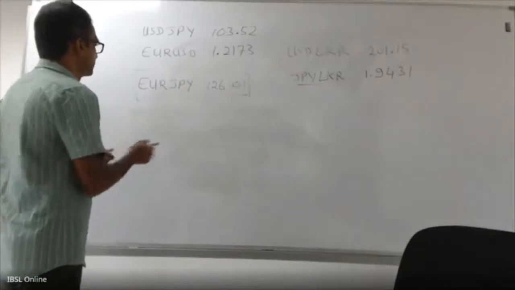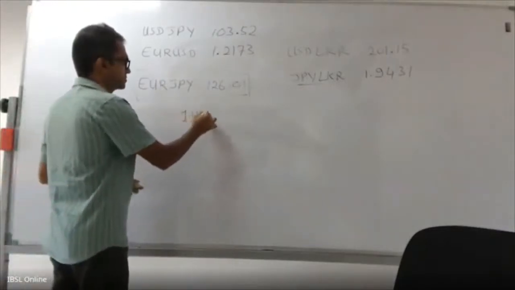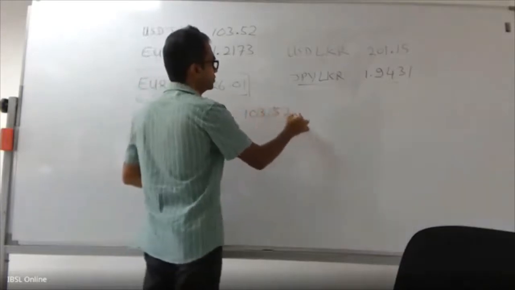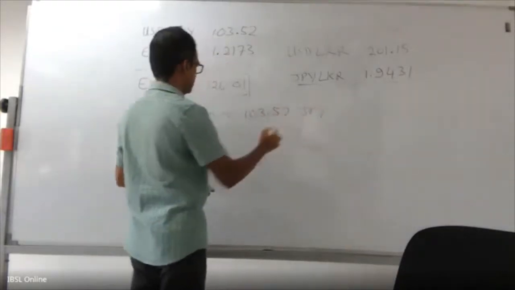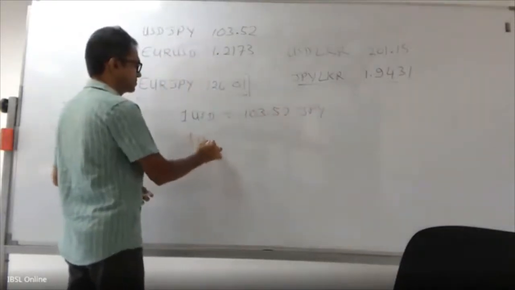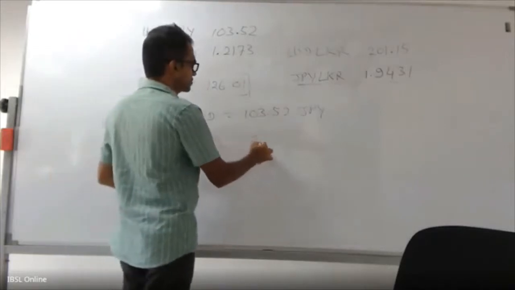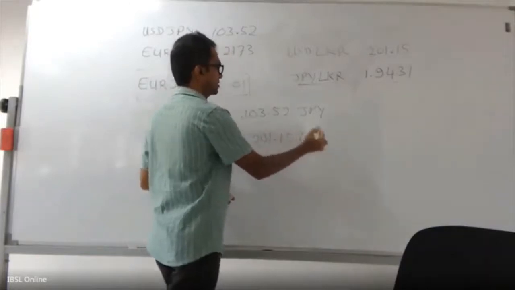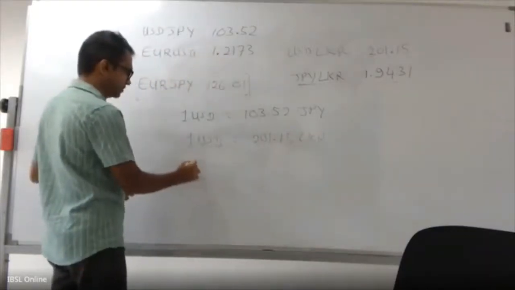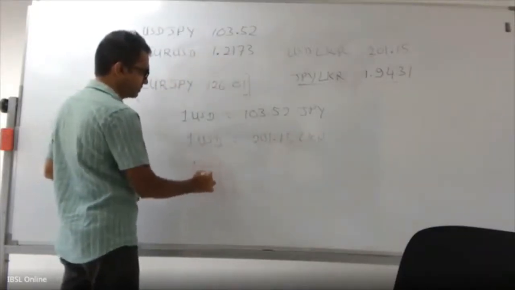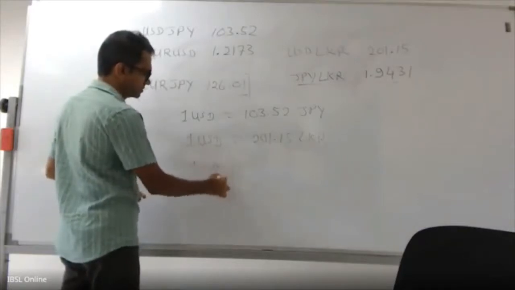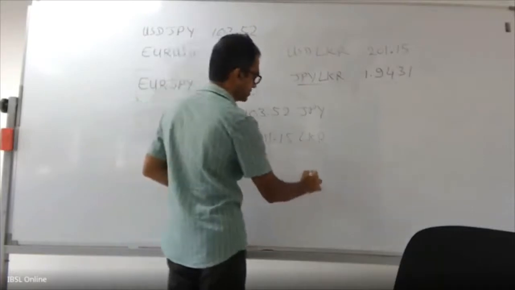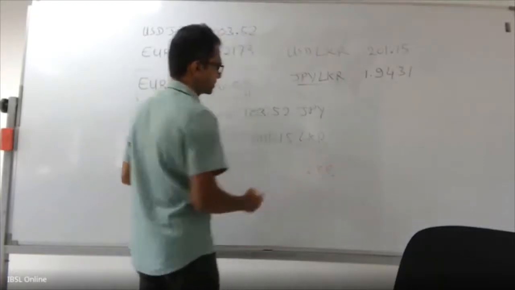Again, $1 equals 103.52 JPY and $1 equals 201.15 LKR. Then what do we have to find? What's the value of 1 yen in terms of LKR?